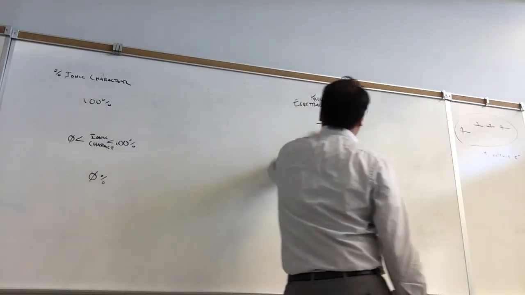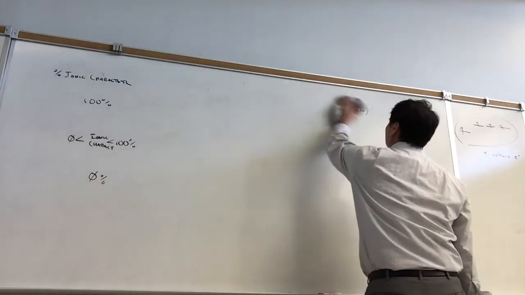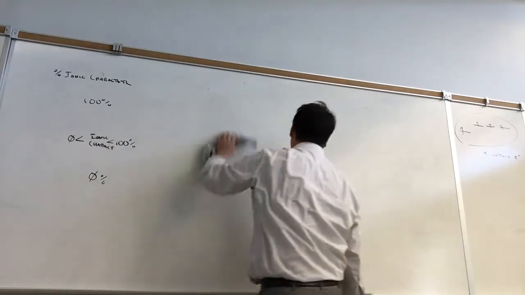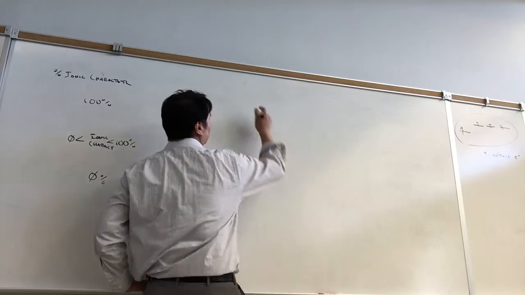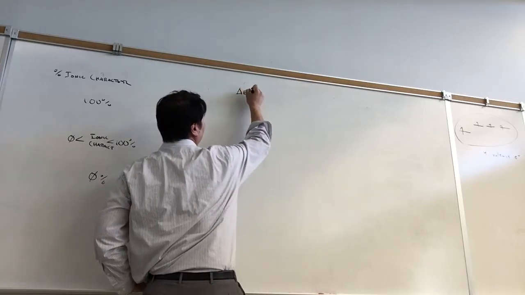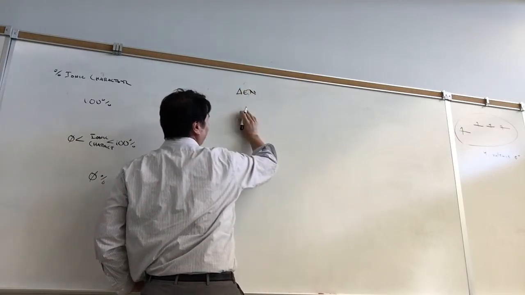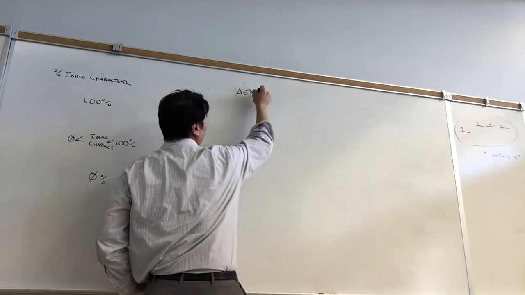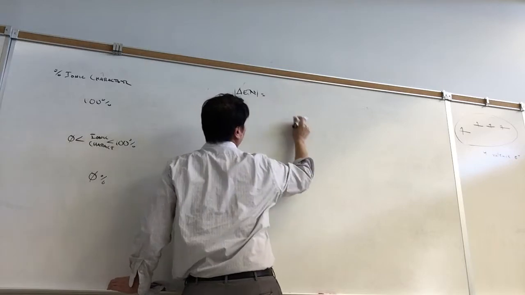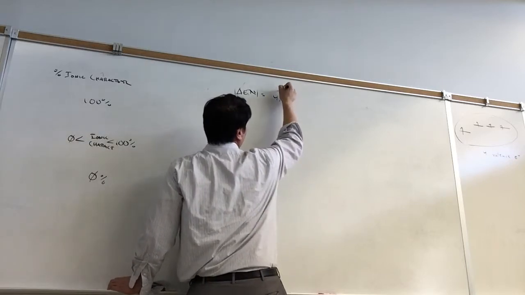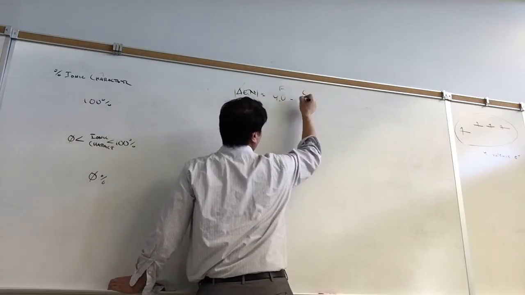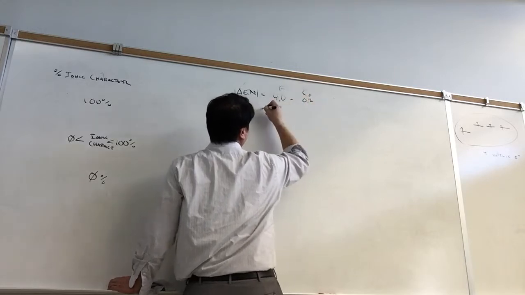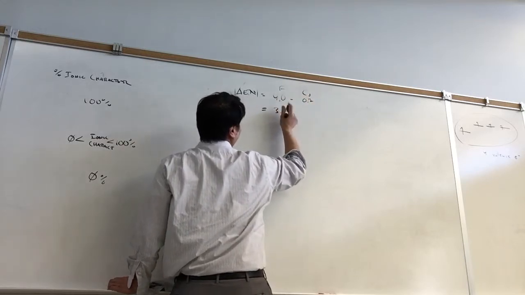What we can do is look at the difference in electronegativities, because what is the biggest difference in electronegativity we can have? And that's delta EN. If we're looking at cesium, I'll just do the absolute value here, and fluorine, the biggest one is going to be fluorine and cesium. It's 0.7 for cesium, and so it's going to be about 3.3.